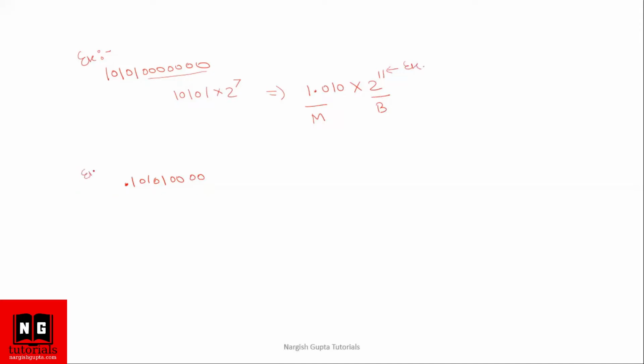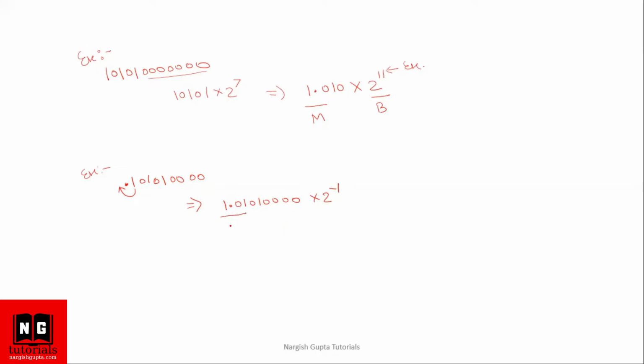Now let's see another example where the number given is 0.10101 and 0000. How we write it in the normalized form is, we just take this one before the decimal point, so it will become 1.01010000 into, as we have taken this one before the decimal point, we need to multiply it by 2 to the power minus 1.